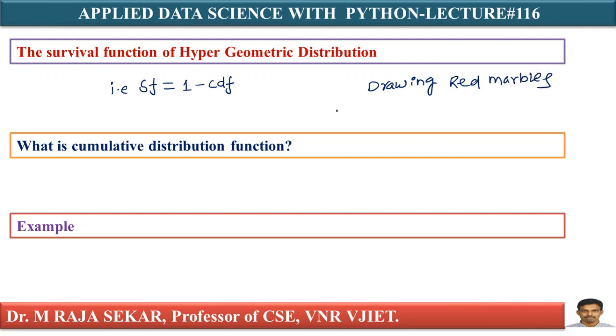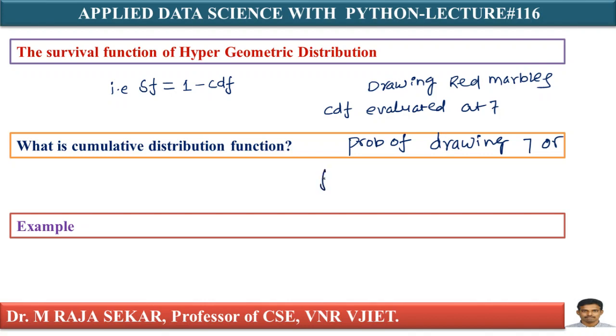The CDF evaluated at 7 is the probability of drawing 7 or fewer red marbles, that is, less than or equal to 7.